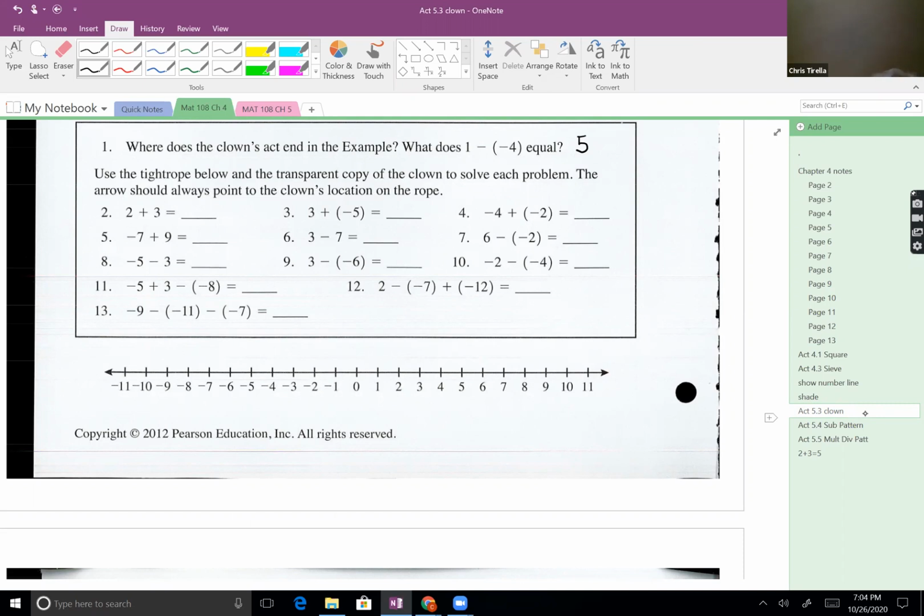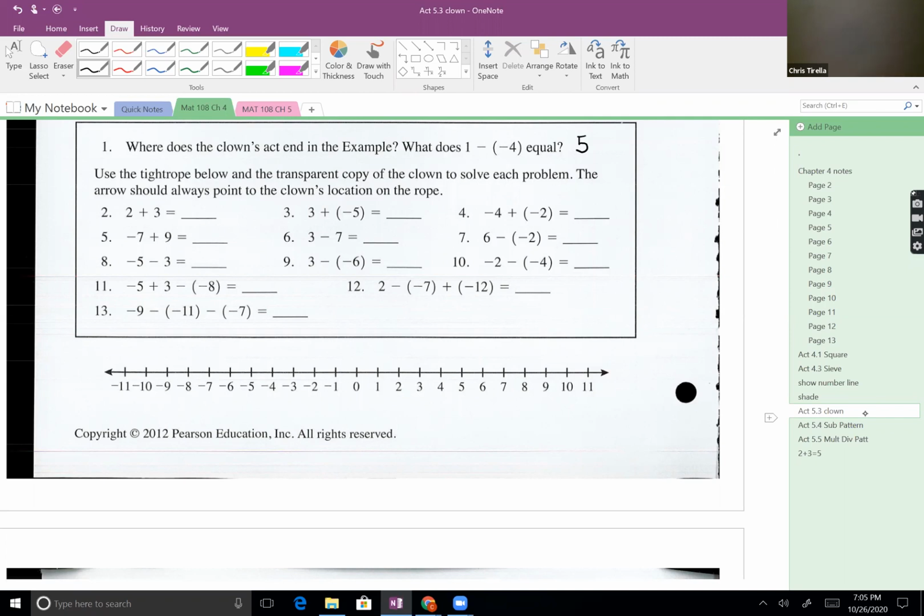I'm going to leave this up for a minute, and I'm going to ask you all to take a minute and draw your clown pictures for 3 plus -5, for -4 plus -2, for -7 plus 9, 3 minus 7, 6 minus -2, -5 minus 3, 3 minus -6, -2 minus -4, -5 plus 3 minus -8, 2 minus -7 plus -12, and -9 minus -11 minus -7.